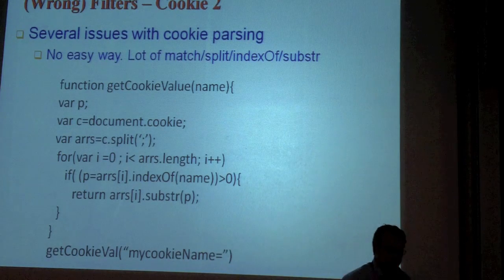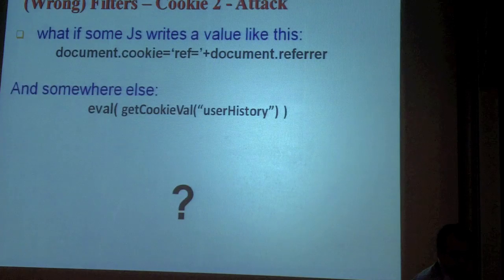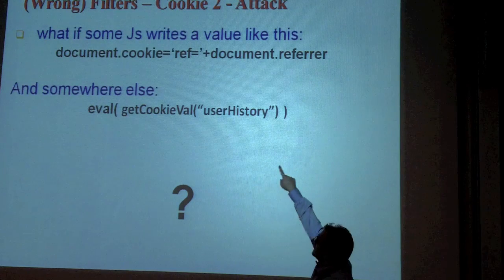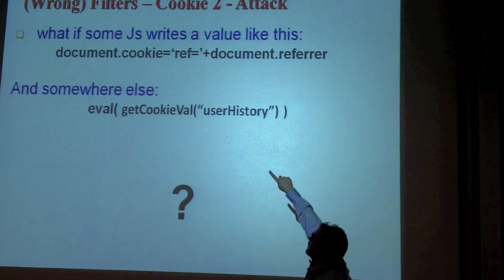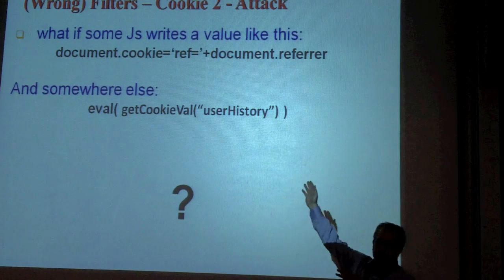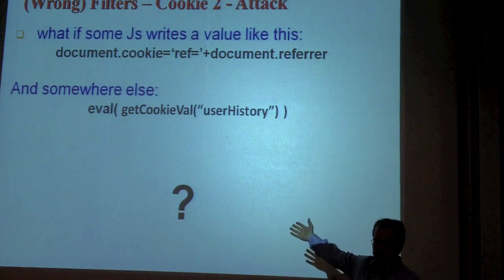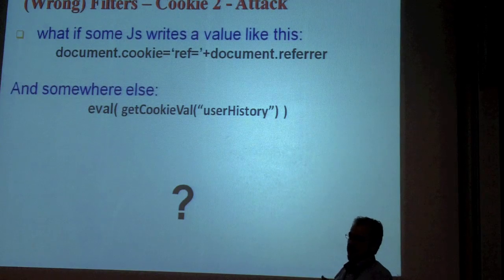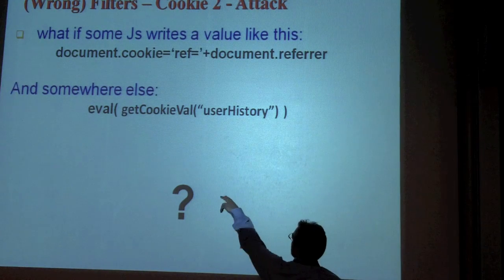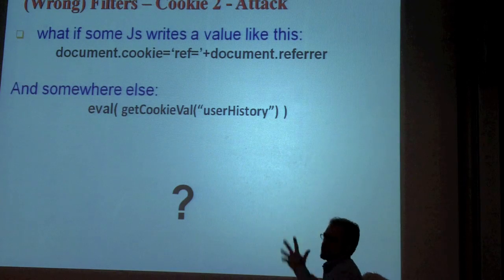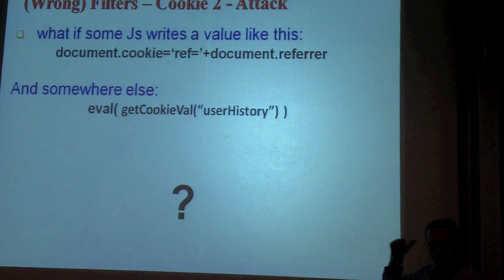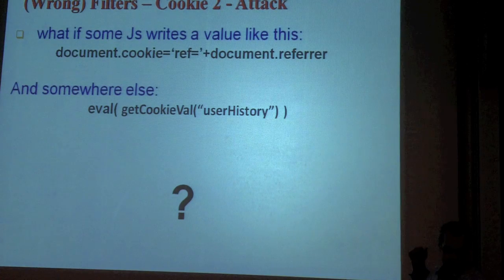In this case, there's a problem because, for example, if somewhere document.cookie is written using a source, for example document.referrer, and somewhere else there is an eval of getCookie user history, okay, using that previous function.